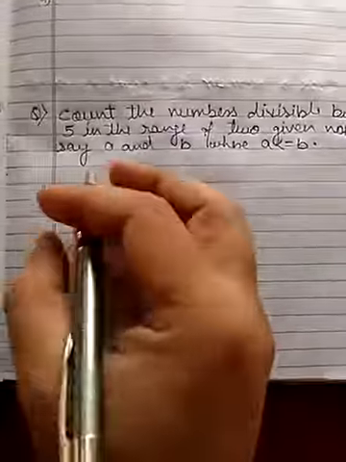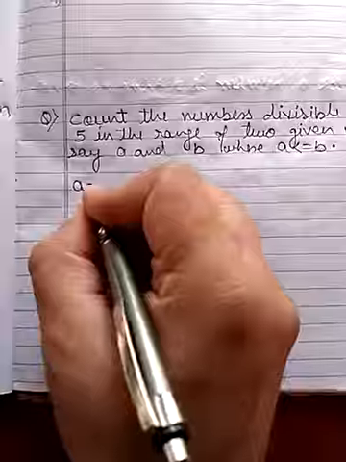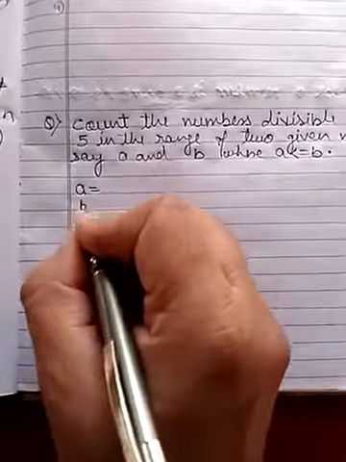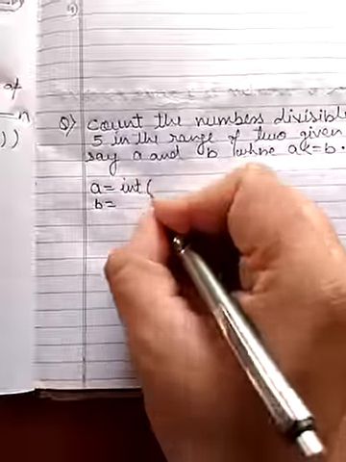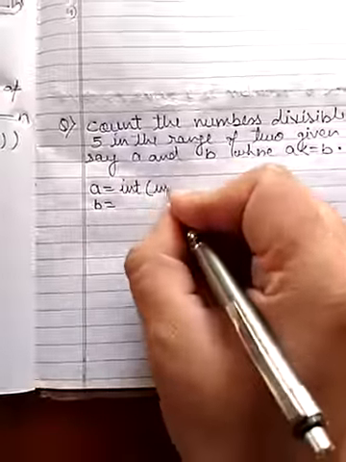So let's start. First, I am reading a variable A, and another number in B. Both are integer values, that's why I am writing int.